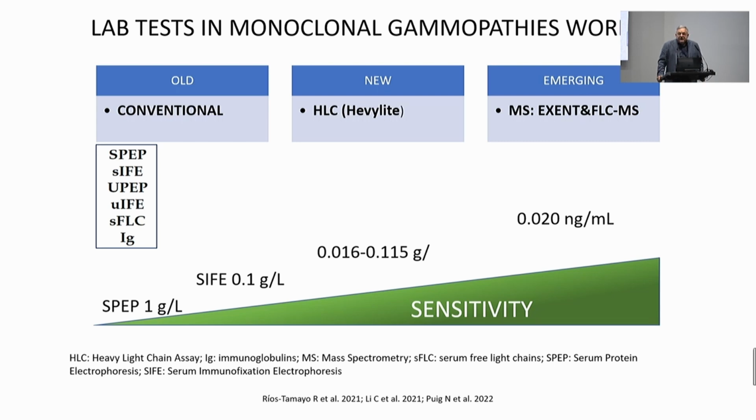We have emerging methods like mass spectrometry, and in the middle we have relatively young methods like the Hevylite. The difference is the sensitivity. The Hevylite tests have a higher sensitivity when compared with conventional methods.